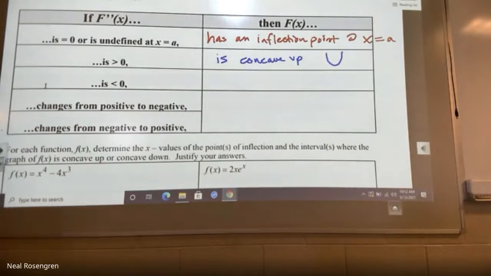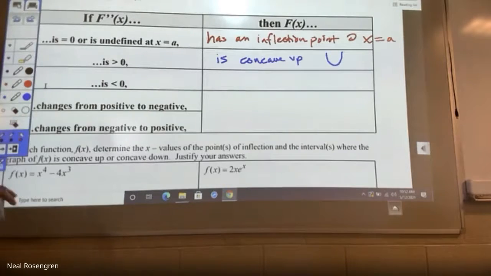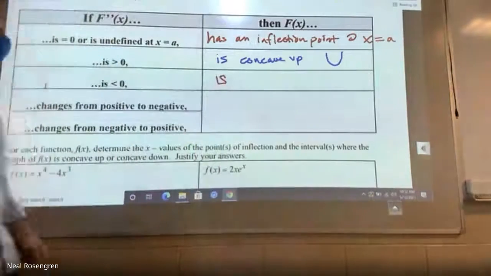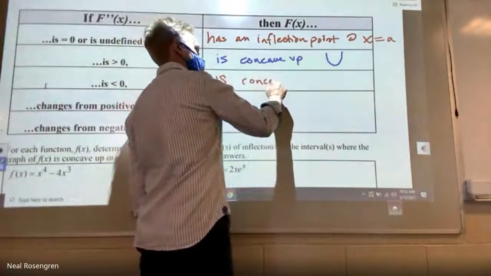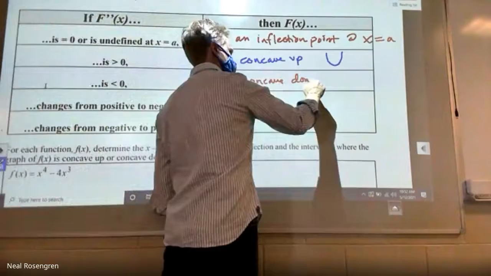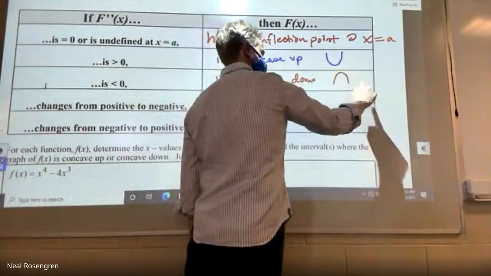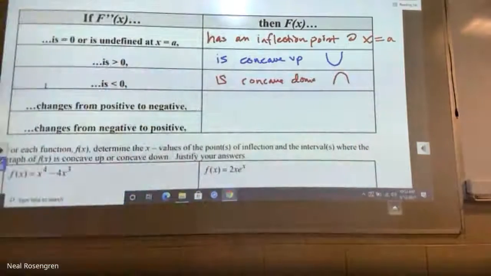Okay, what if our second derivative is negative? Yep, concave down, which looks like that. You can see they kind of lump these two together.